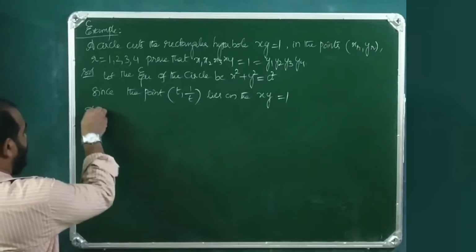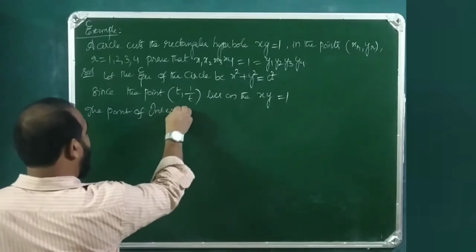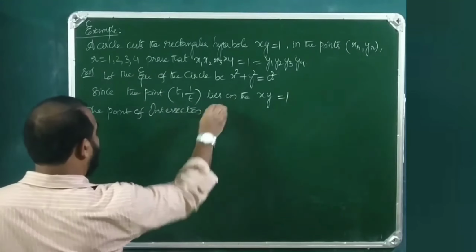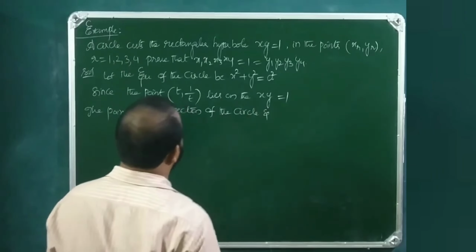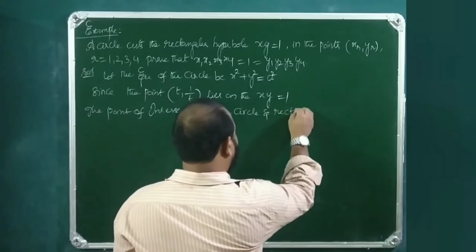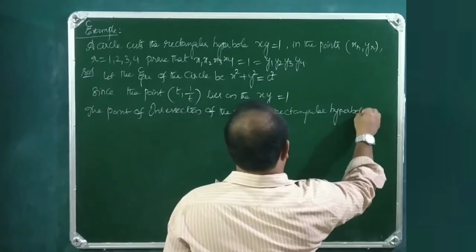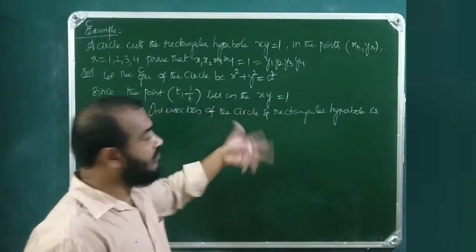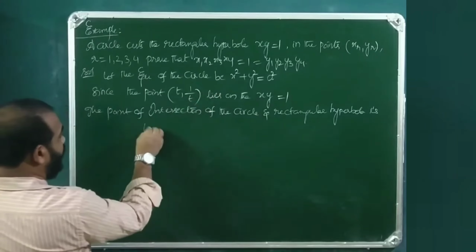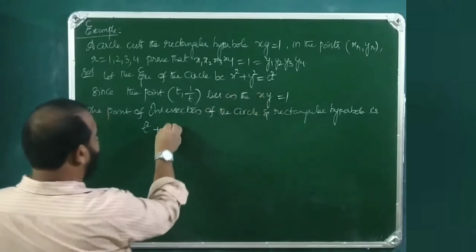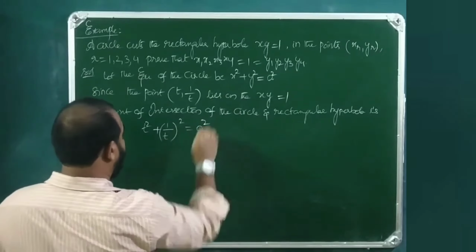Now the point of intersection of the circle and the rectangular hyperbola is found by solving 1 and 2. So x is equal to t. So t square plus y, which is 1 by t, whole square is equal to a square.